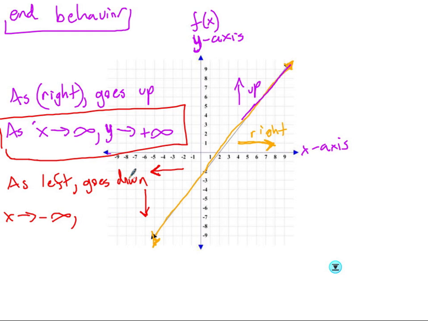And in order to represent down, we have to use the variable y. Since we're going down on the y-axis, we're talking about negative values, so y goes to negative infinity. This says that as you go to the left, the graph goes down. And so we have described the end behavior of this graph.